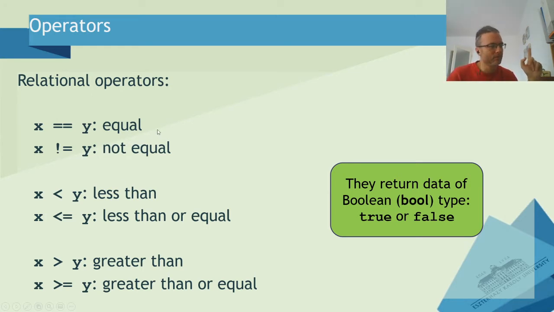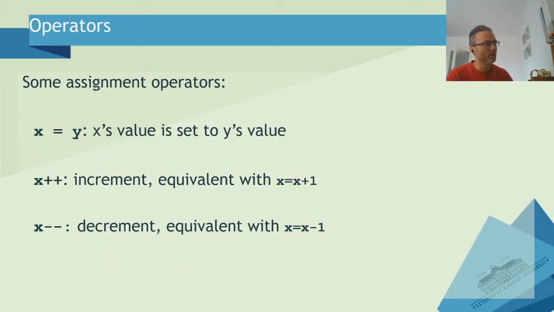Keep in mind, however, that in C# and also in many other programming languages, the equality operator is this double equality sign. So don't forget it, because if you exchange it with the single equality sign, it means something completely different.